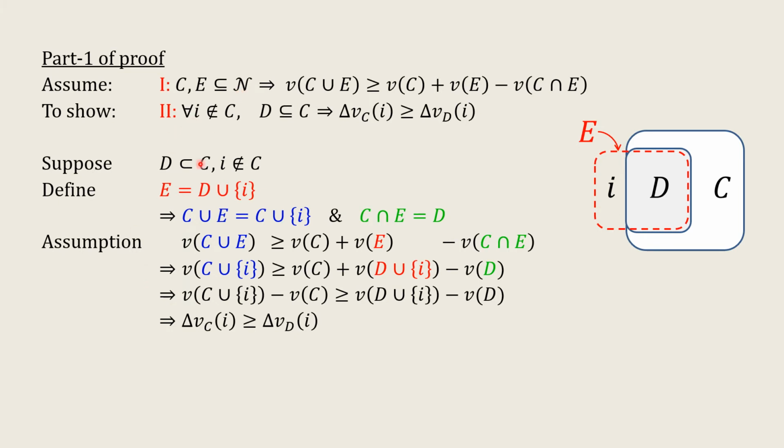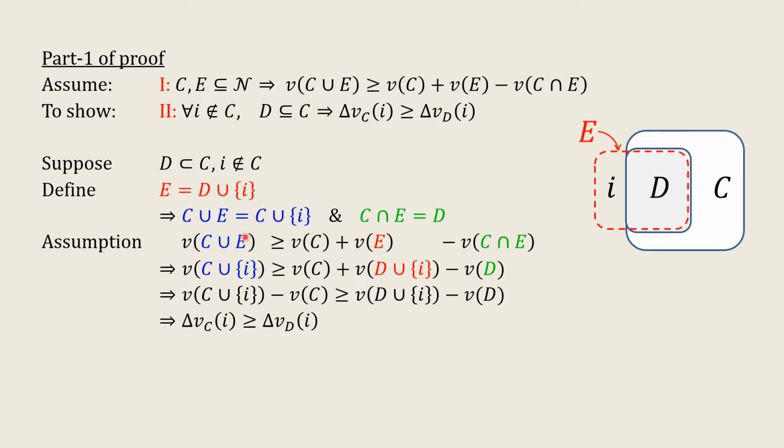Now, from my assumption, value of C union E is greater than or equal to value of C plus value of E minus value of C intersection E. From this assumption here, property 1. Now I use these equalities.